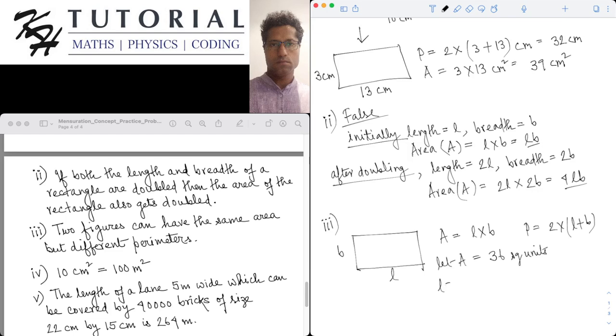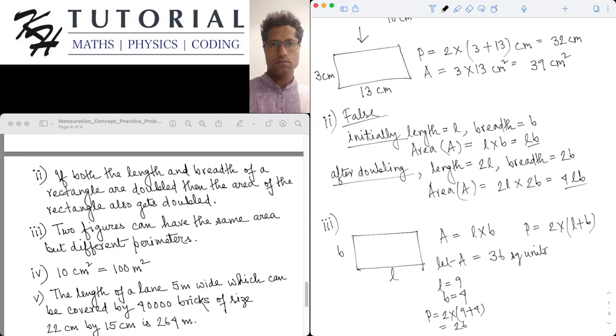So we can have L as 9 and B as 4. So L into B is 36. In this case, if L is 9 and B is 4, the perimeter P will be 2 into 9 plus 4. This is 26. Perimeter is 26.